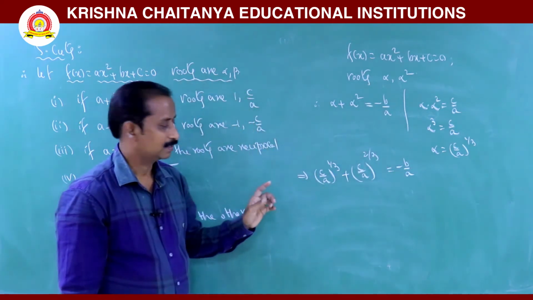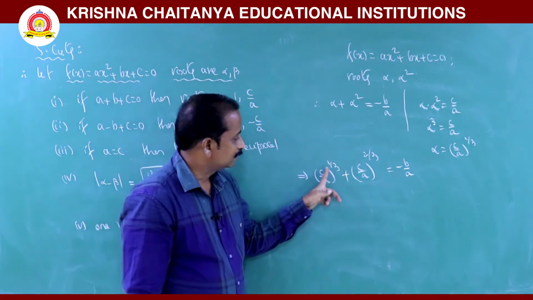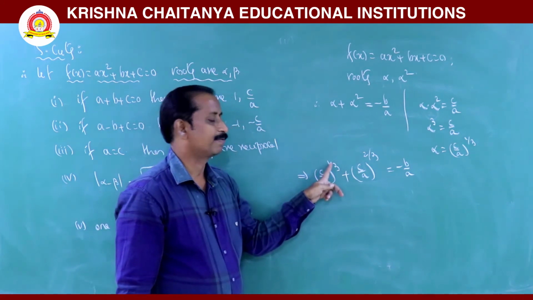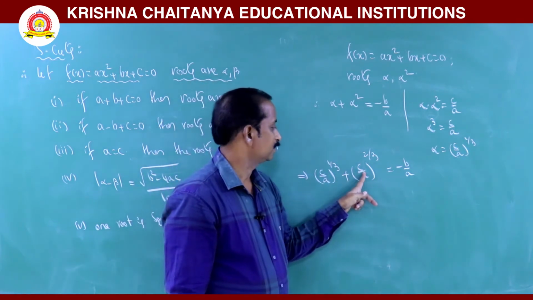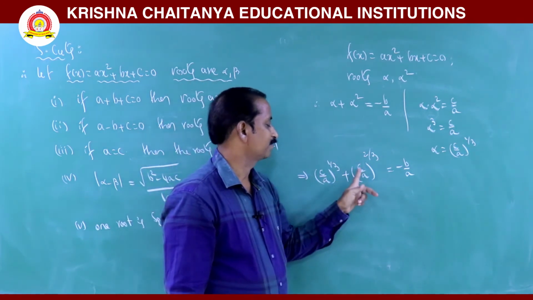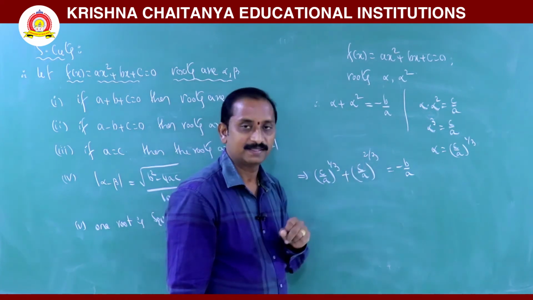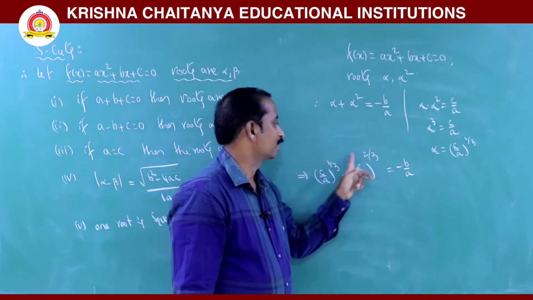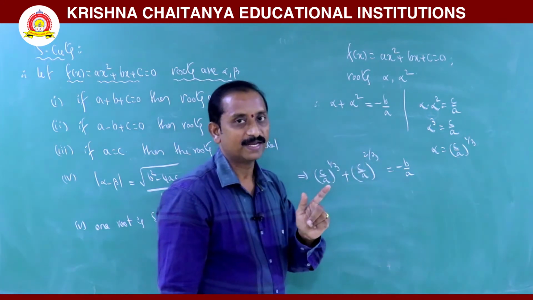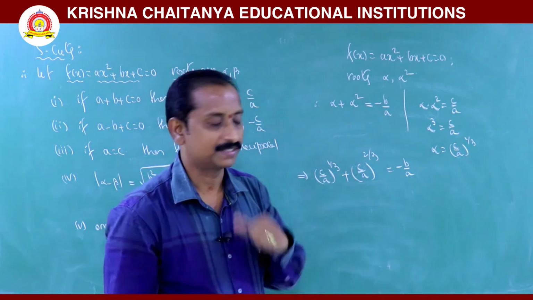Here observe, if you consider c by a as, for example, b, then it is in the form b power 2 by 3. We eliminate the power of 1 by 3 only when cubing on both sides.